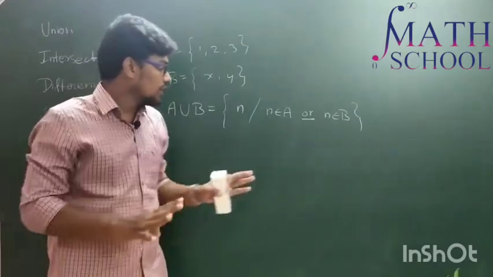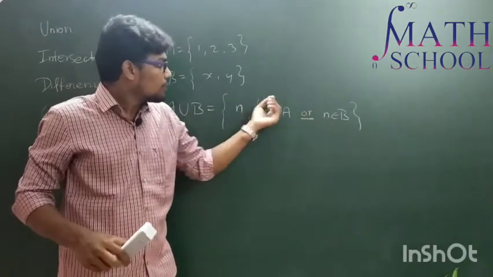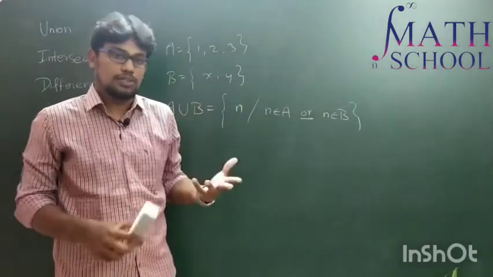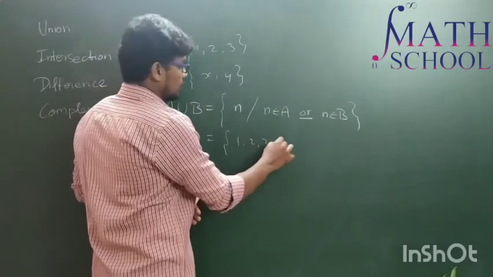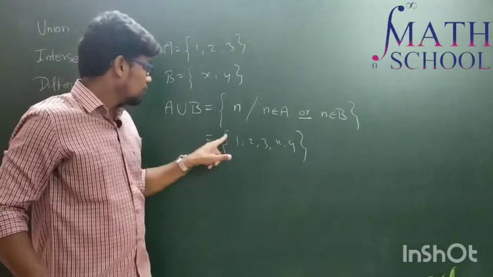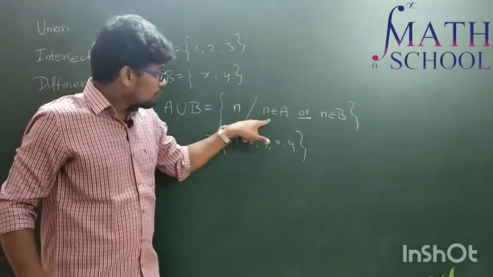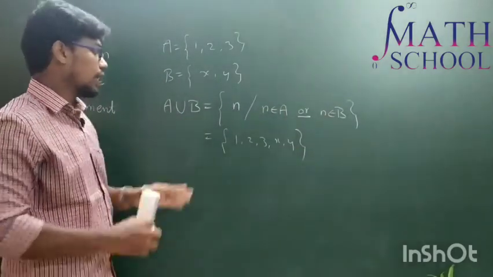I don't want to go in deep. Just put all the elements of A and all the elements from B. That is called A union B. So this is 1, 2, 3, x, y. Your element of A union B could come from either A or from B.